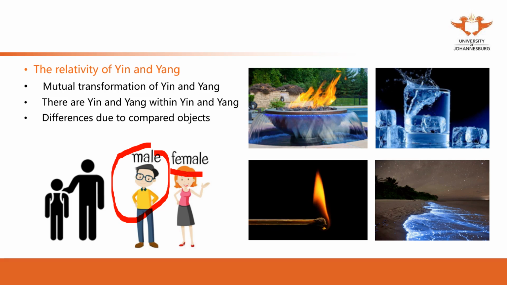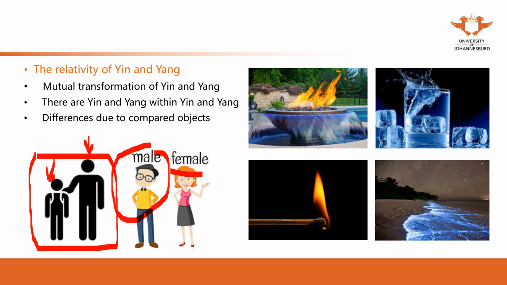However, if you change the objects that you are comparing, from this image, two males: when you compare two males, the taller male, the taller brother, is yang, the shorter brother is yin.